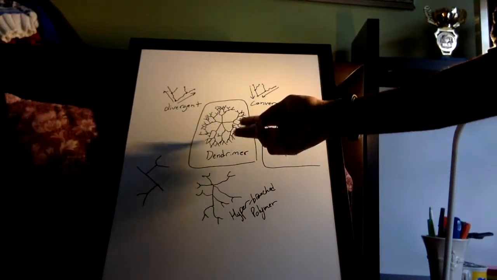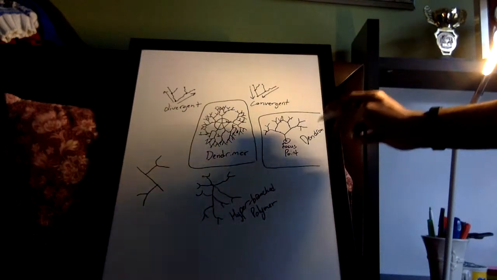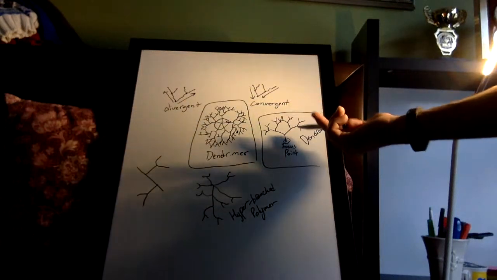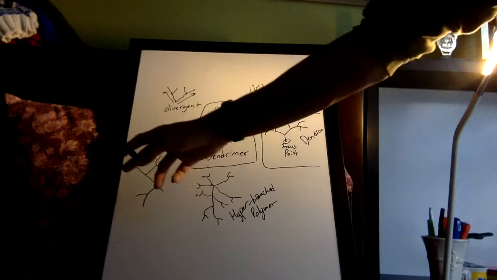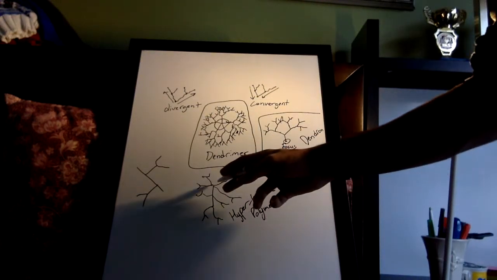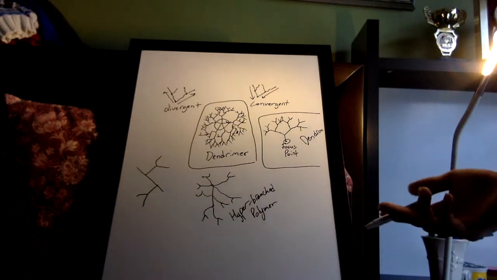And then this is a dendrimer, which kind of makes a perfect circle there. And then this is just a dendron, and multiple dendrons make a dendrimer. Then this is a dendrograft, where they branch out from the central point, and if the dendrograft has endpoints, then you have a hyperbranched polymer.